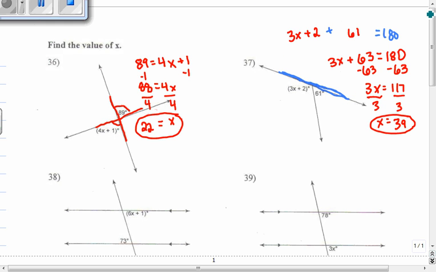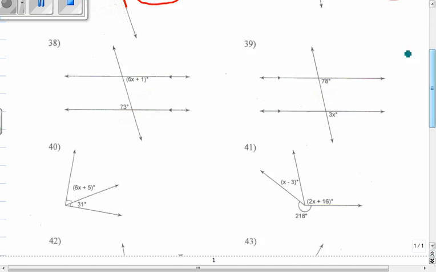Okay, on problem 38, we have to figure out our relationship. So we know that we have parallel lines cut by a transversal. So let's mark our angles. Now, the two angles that we have information about, do they have the same marks or different marks?